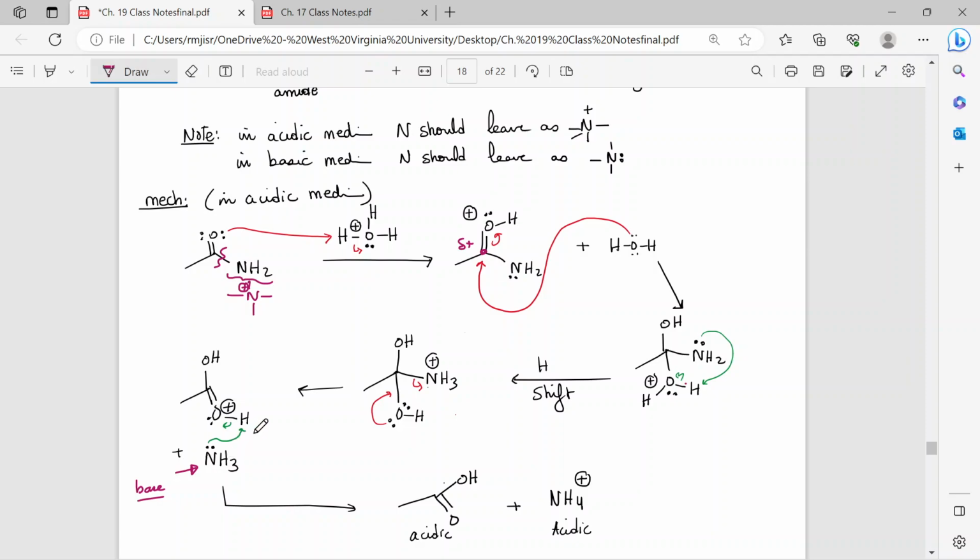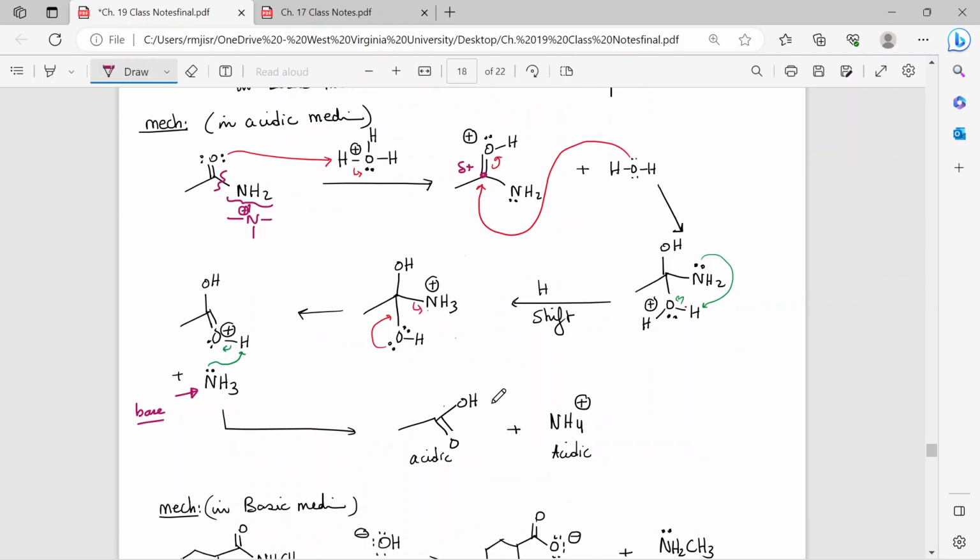So any acidic hydrogen that you have in your product, this is an extra acidic hydrogen, ammonia is going to come and pick it up so that your product is going to be an acid, and the ion that you're going to form needs to be also an acidic ion. It needs to be compatible with the medium that you are working with.